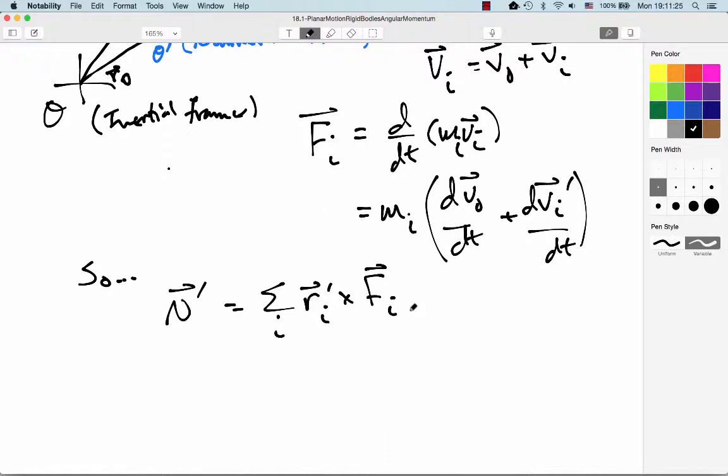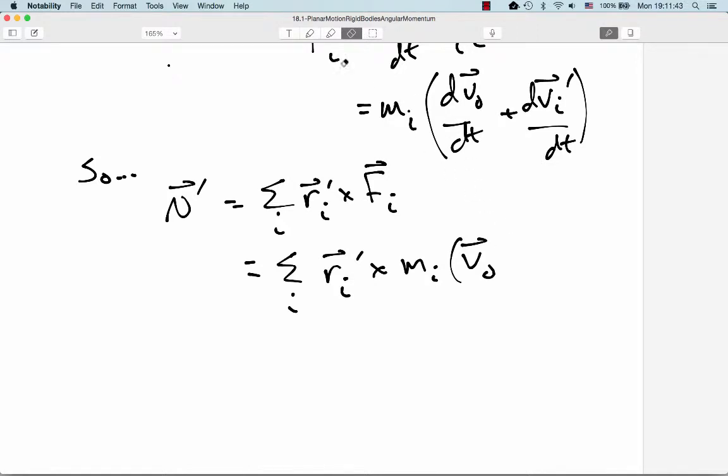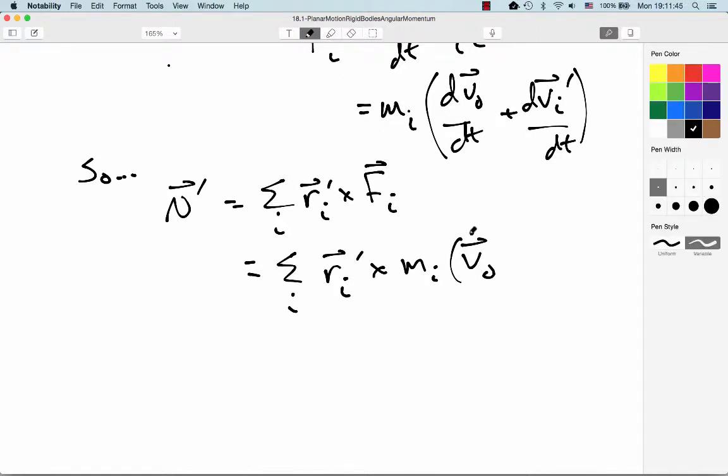Alrighty then. So this will be equal to the sum over i of Ri prime crossed with mi times V naught dot, no prime there, plus Vi prime dot.